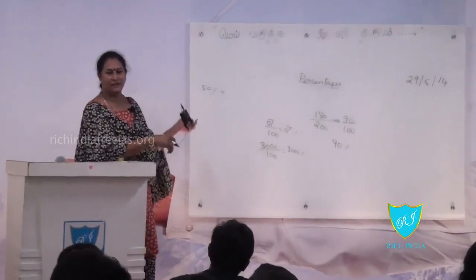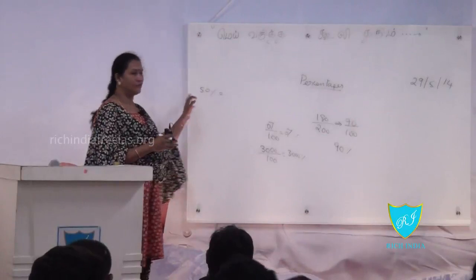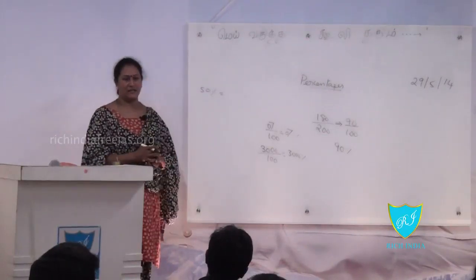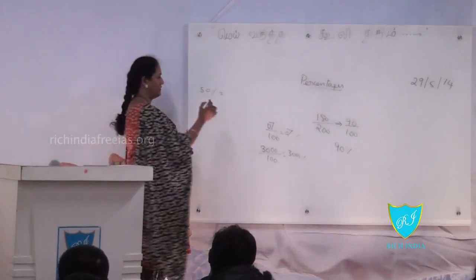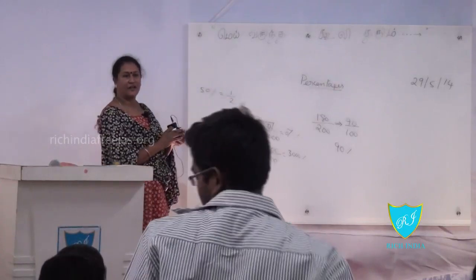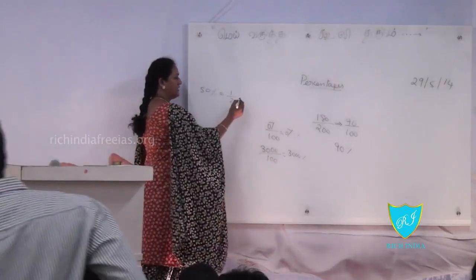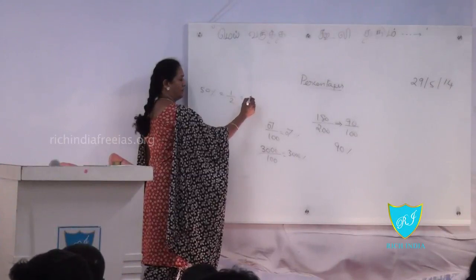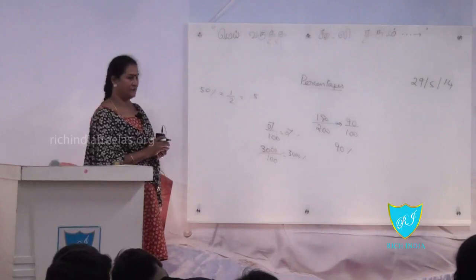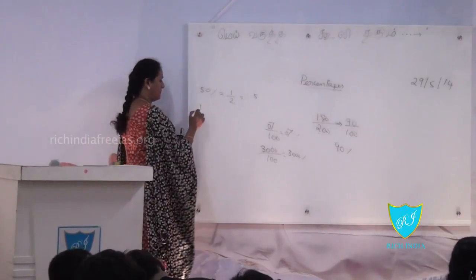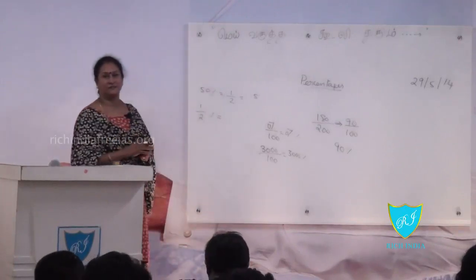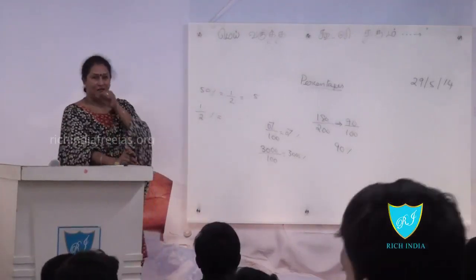So if you need the value, what will be the value for 50%? It is 50 by 100, or half. So the fraction is half. What will be the decimal equivalent? It is 0.5. Okay. So if they ask half percent, what will be the value?